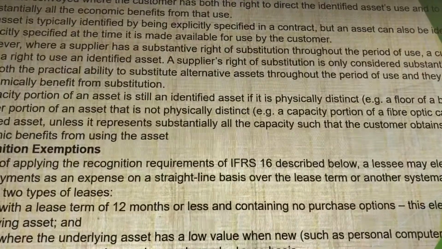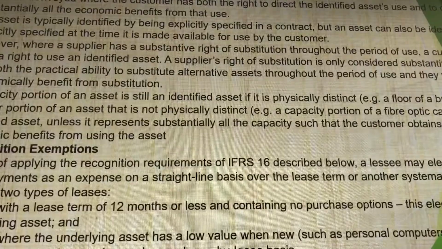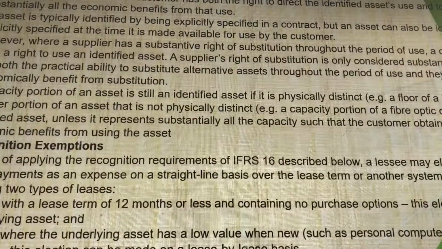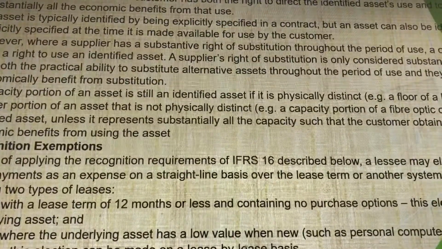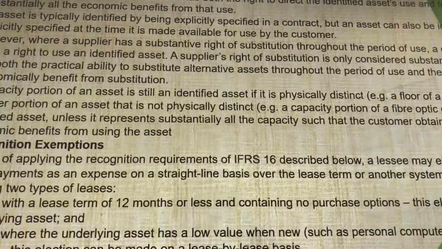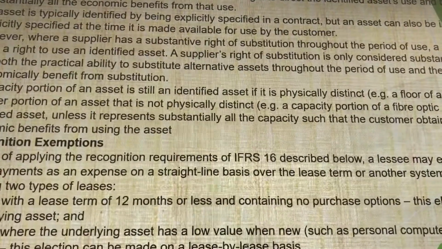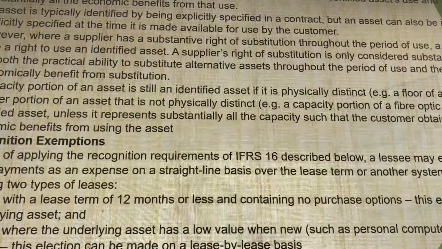An asset is typically identified by specific contracts, but an asset can also be identified by time. However, a supplier has a substantive right of substitution throughout the period of use of that asset.